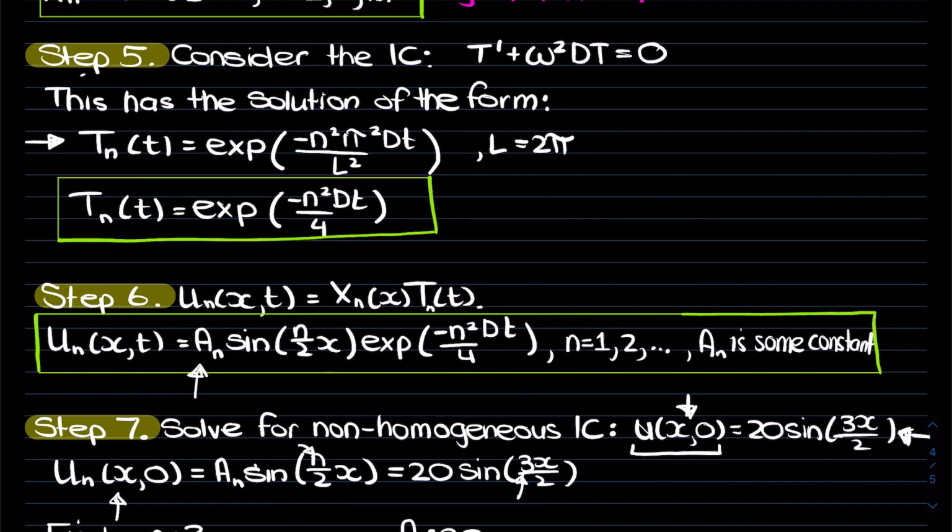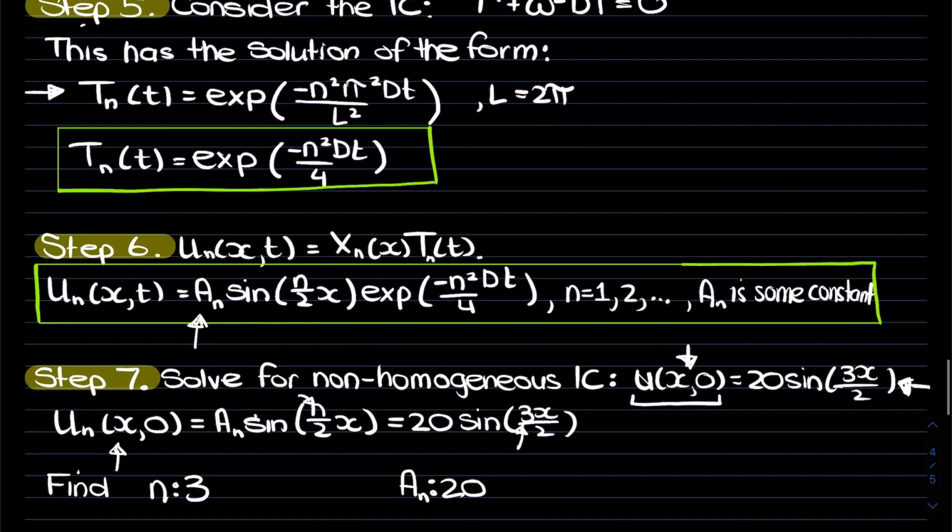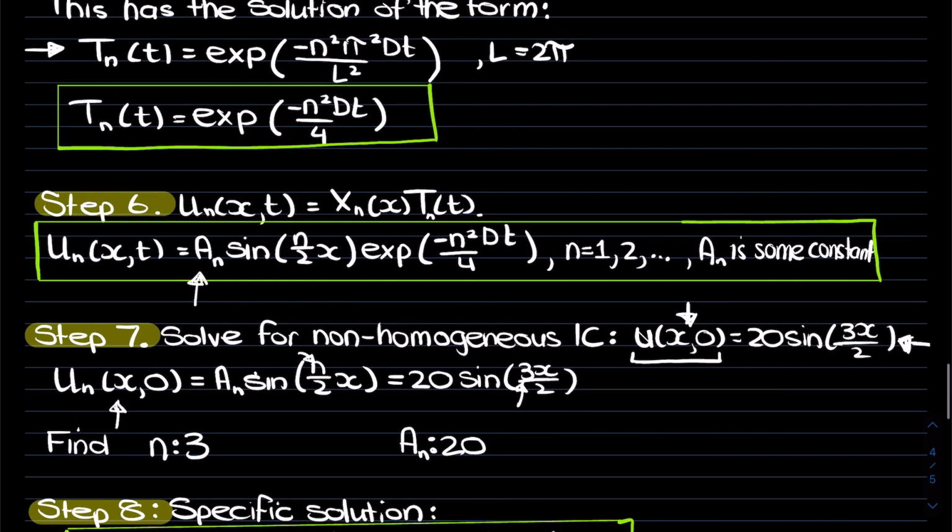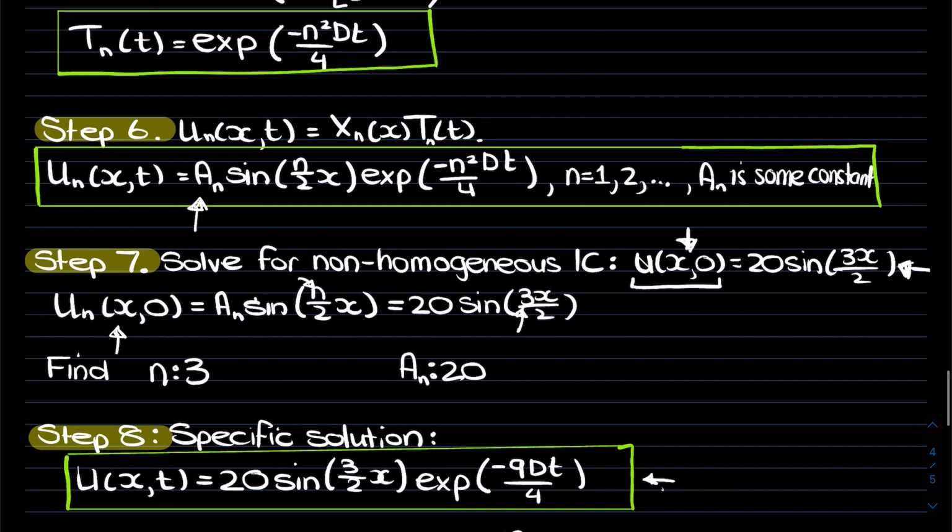This gave us the general form of an exponential function. We then multiplied our x of n and t of n together, just like we assumed the solution took in the very beginning. This gave us this general form here that satisfied the 2 boundary conditions and would allow us to give some form later on that also satisfied our non-homogeneous initial condition.